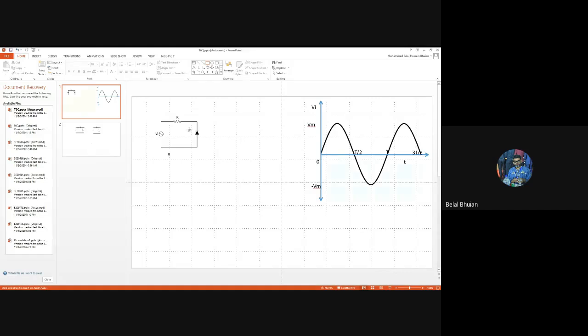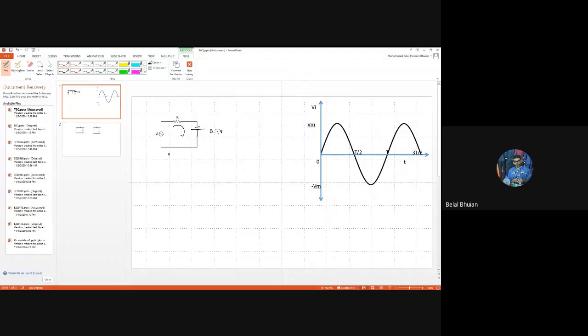The first thing we did, replace it with a DC voltage source, and the current 0.